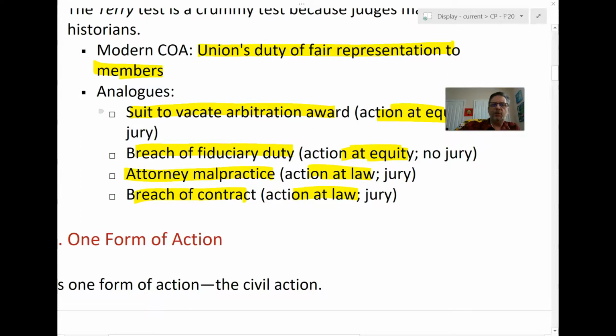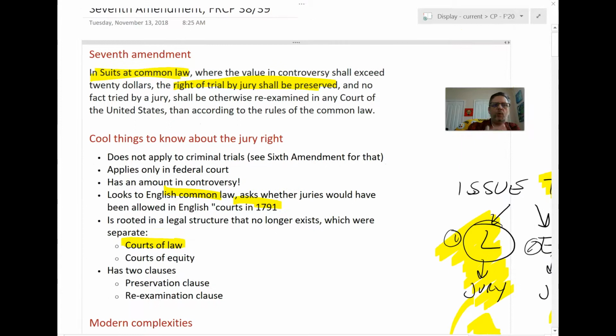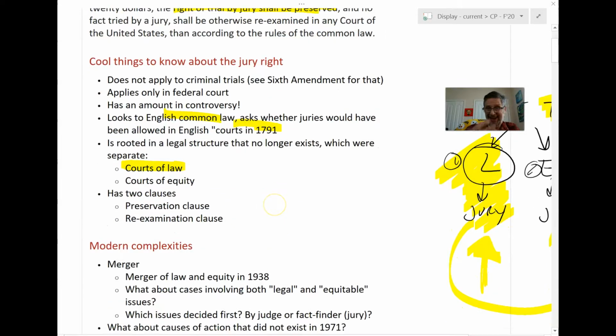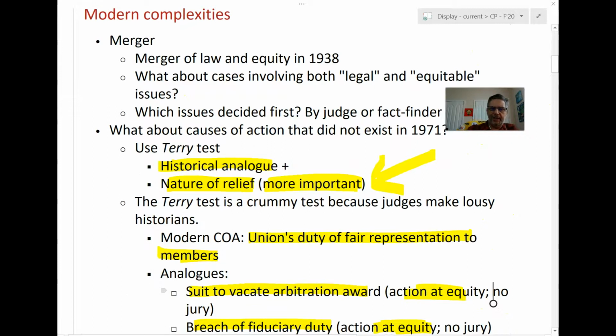All right. So in sum on the Seventh Amendment right, it applies in federal court. There is a jurisdictional amount of $20. It requires a historical test. And the historical test is not too hard if a cause of action existed in English courts of law in 1791. But if you have a historical analogy, then it gets a lot more weird.